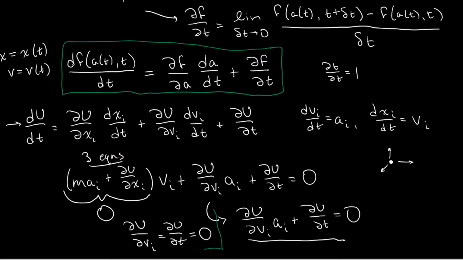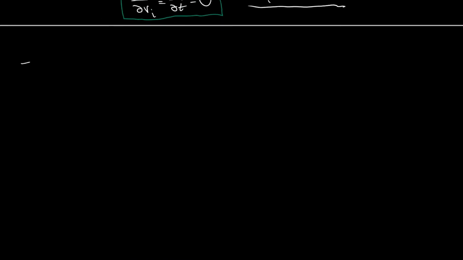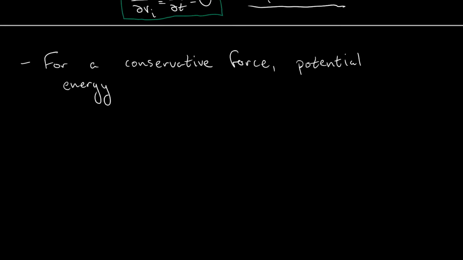But this is the only way to allow for both of these things to be satisfied simultaneously. And so you see, this is how we get this requirement that for a conservative force, our potential energy can only depend on position.